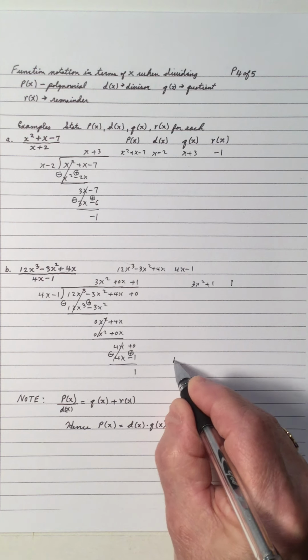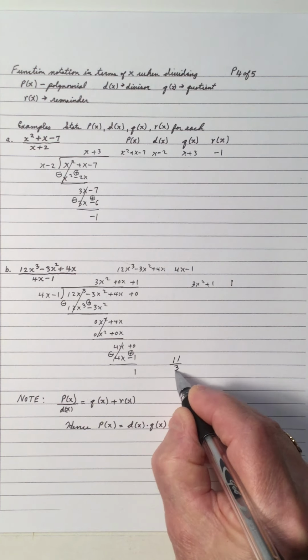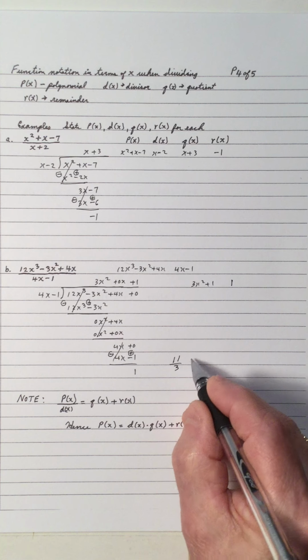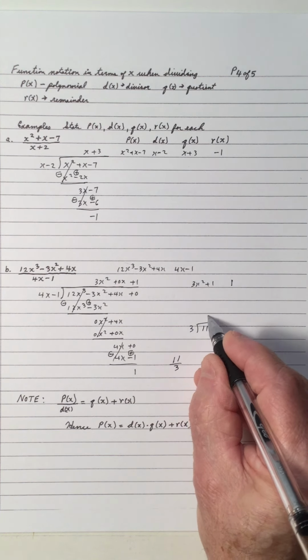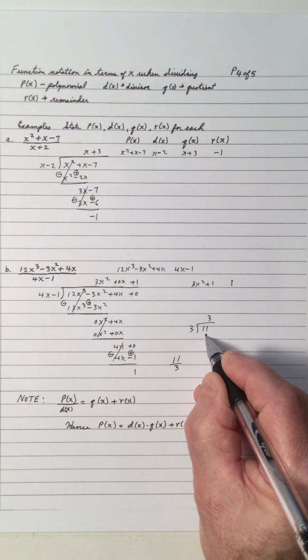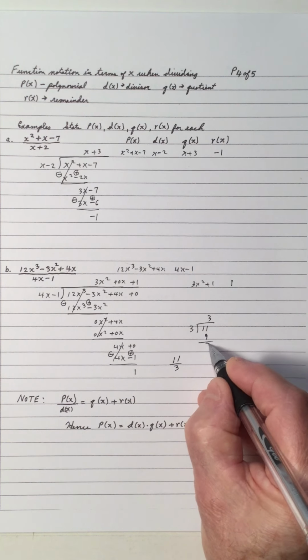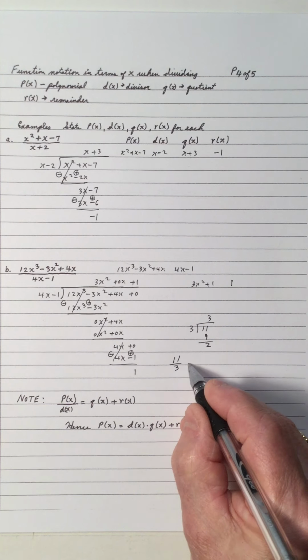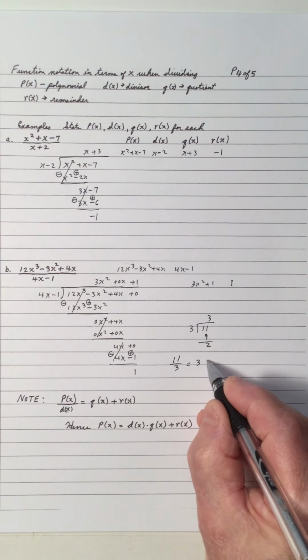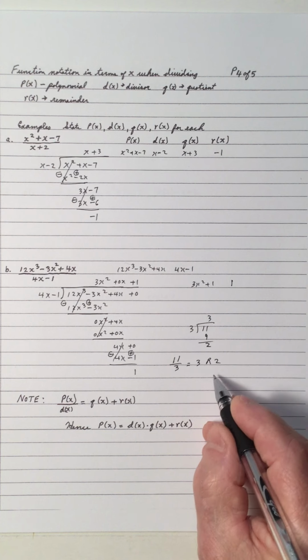Let's take 11 and divide it by 3. So 3 goes into 11 3 times. 3 3s are 9. Subtract to get a 2. So notice 11 divided by 3 gives you a 3 and a remainder of 2.